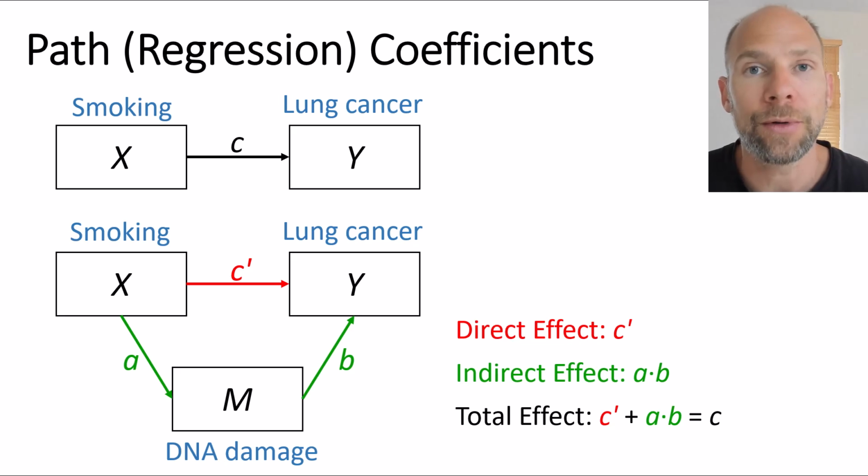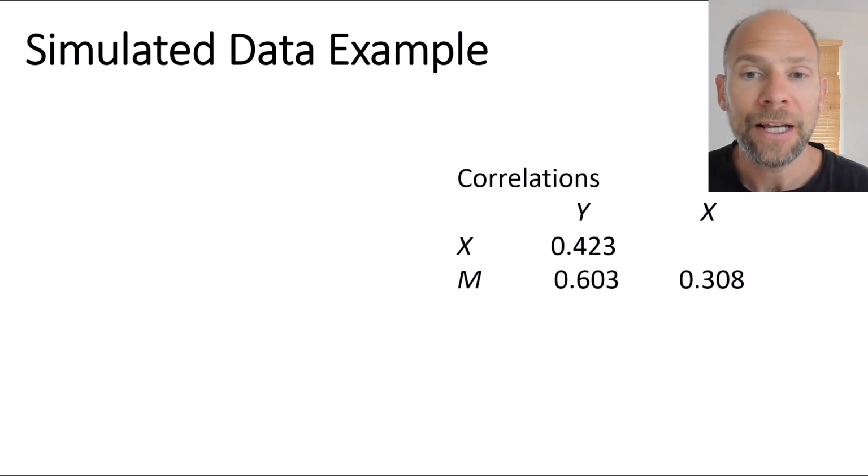I want to show you here an example of how this can be done using a simulated data example. So here I have simulated correlations between those three variables, X, Y, and M. In this case, smoking, X, is correlated with lung cancer, 0.423. So pretty substantial.